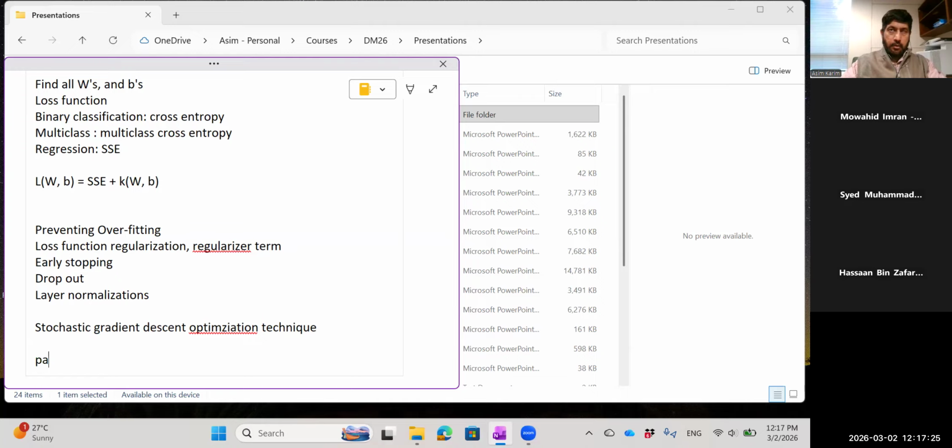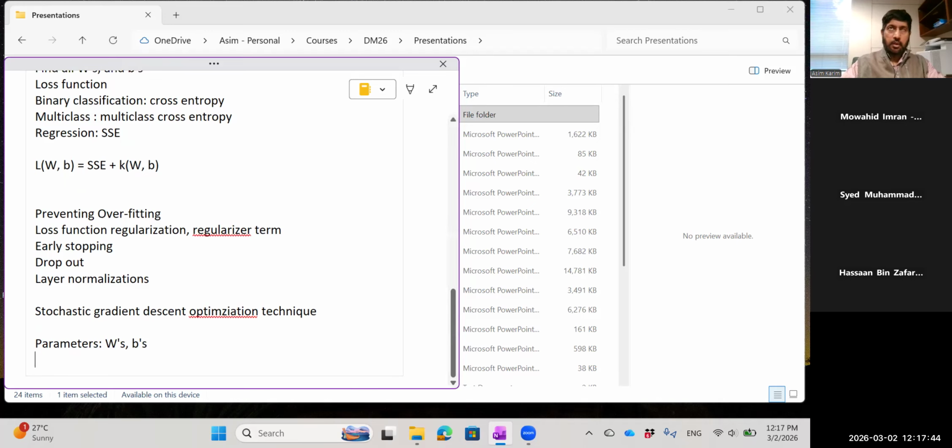So पैरामीटर्स आपके पास वो W's हैं और B's हैं. These are the things that you learn from data. But oftentimes there are many other things that you can change and tweak and see whether your performance improves or not. So those are usually called hyperparameters.